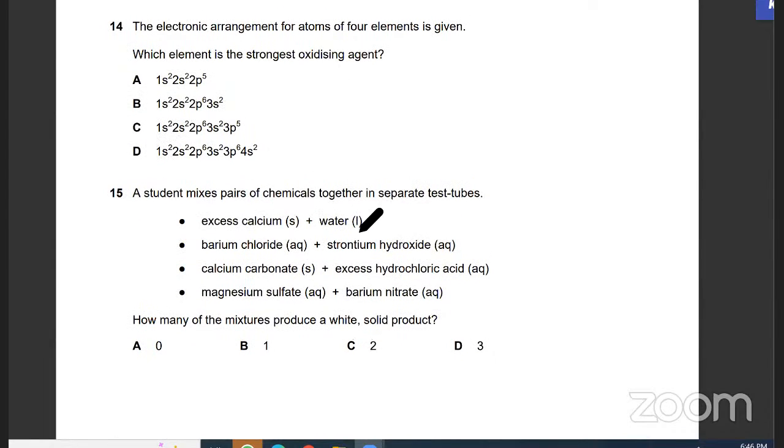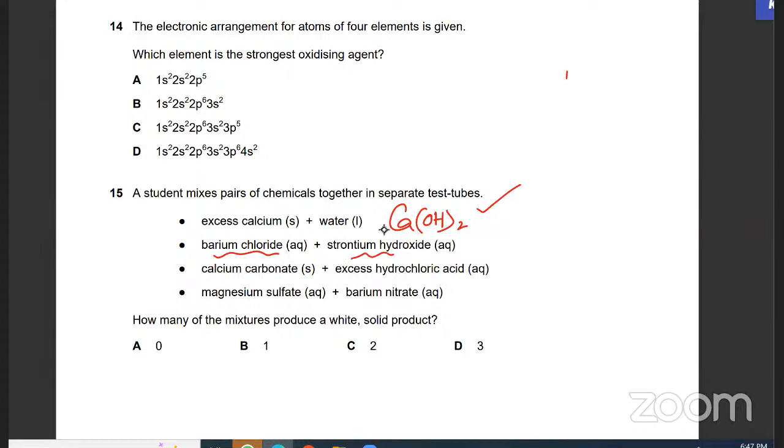So this one, you've got calcium with water. What will happen? It's partially soluble. So calcium hydroxide is formed, right? And partially insoluble, so there will be a white precipitate. So that's one. Barium chloride with strontium hydroxide, will a precipitate form?